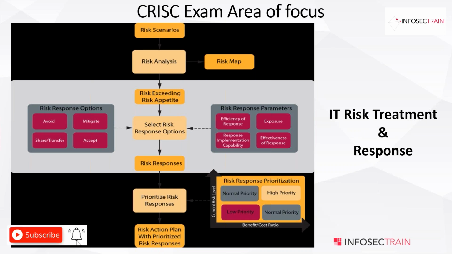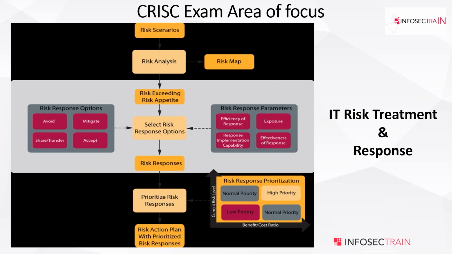Based on what responses we have to take, there are parameters: efficiency of response, exposures, response implementation capability. If I have to implement a control, and if I'm not capable of doing that technologically, manpower wise, other resource constraints would be there, budget and many other things. So based on this study as well, we have to consider what best I can do to manage my risk.